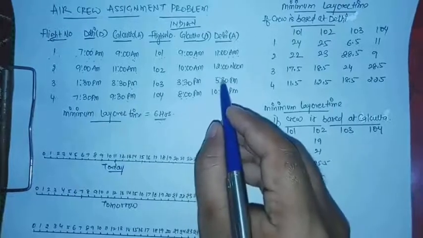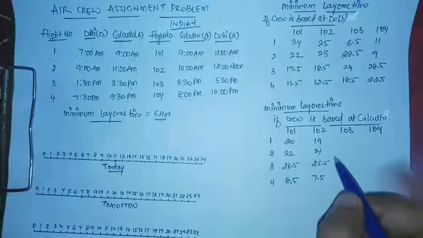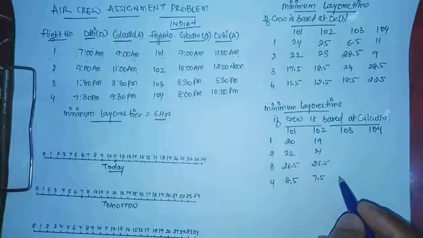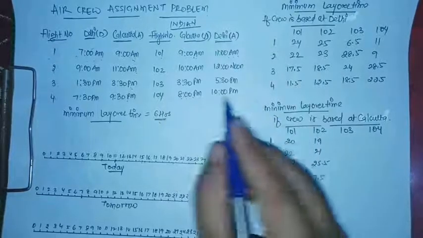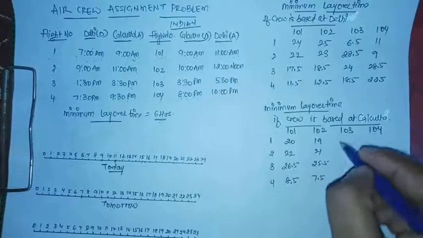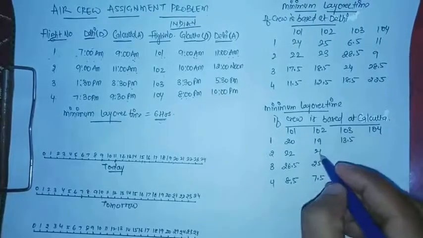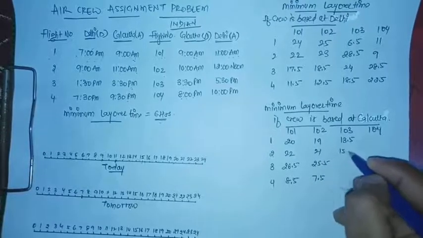So let's check 5.5 hours, and the answer should not be lesser than 6, otherwise we have to do calculations. So 19 minus 5:30 will be 13.5, reduce 6 and add 0.5, 6 and 15.5.